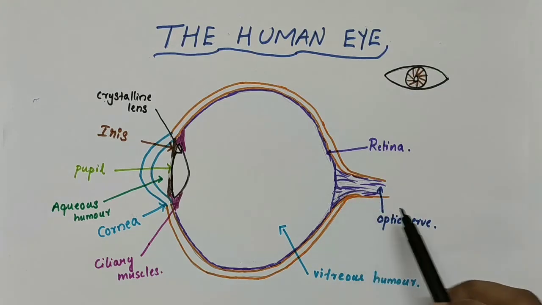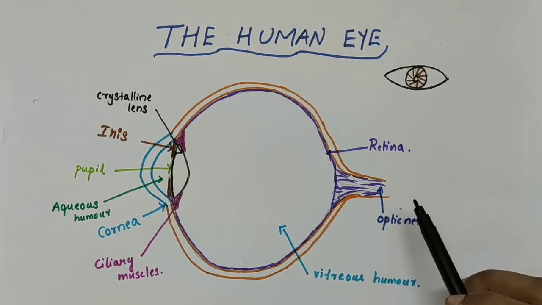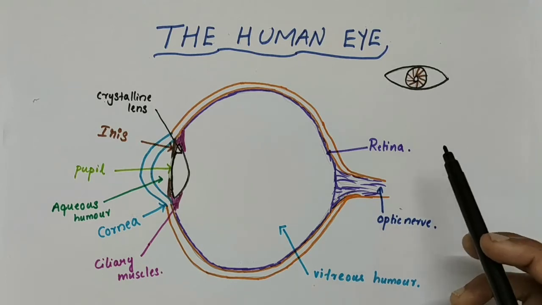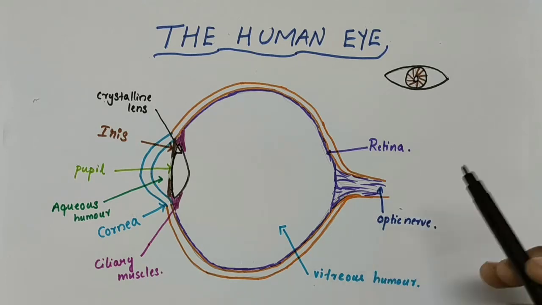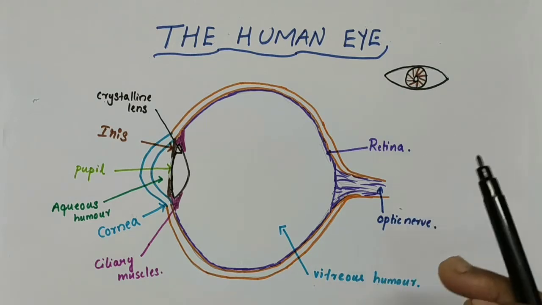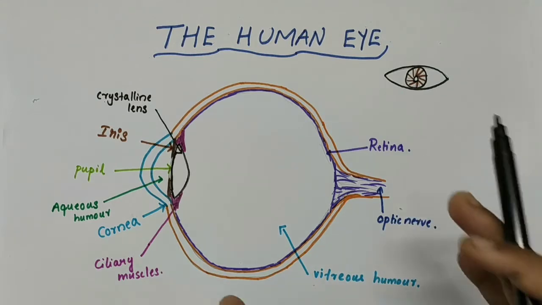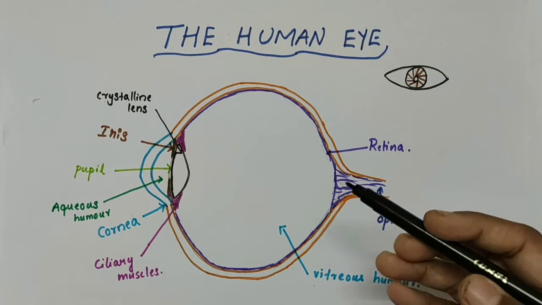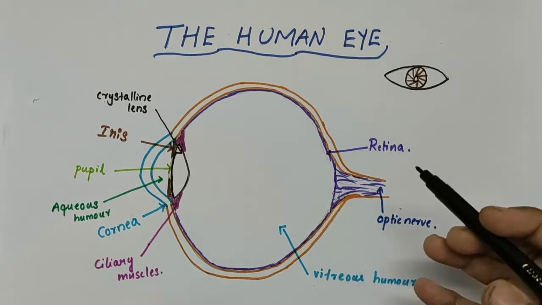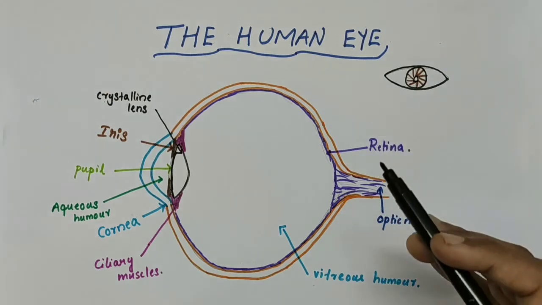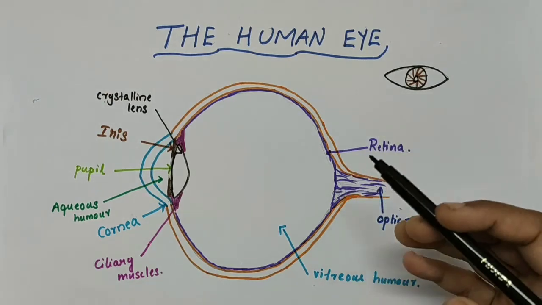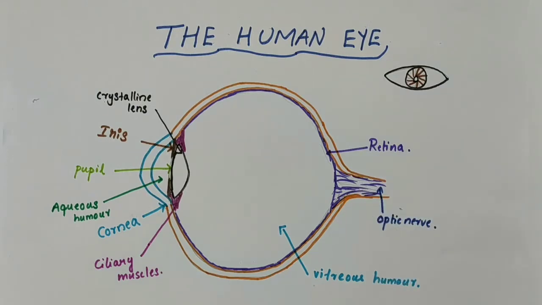The optic nerves take these electrical signals to the brain. The brain processes the information and reinverts the image formed, so we see that tree as an erect one.